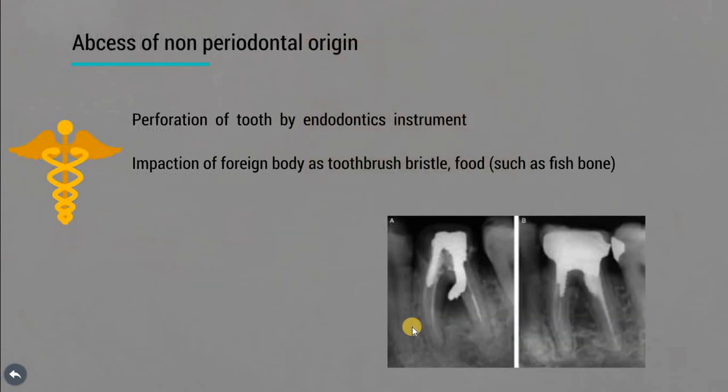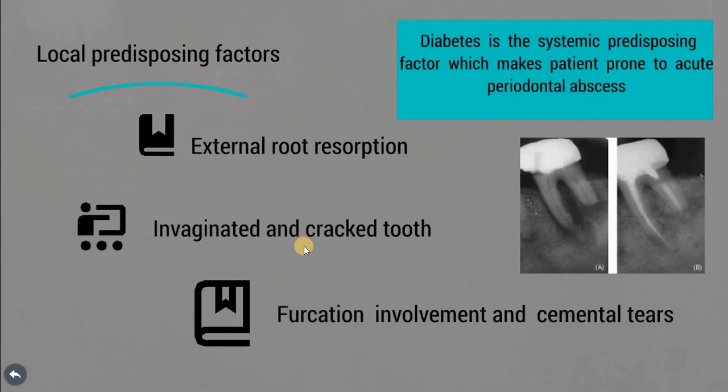While for the non-periodontal origin abscess, for example, you can see here a failed endodontic treatment leading to formation of periodontal abscess unless it is treated. So, for example, impaction of toothbrush bristles, foods like fish bones, or any hard traumatic agents may cause formation of periodontal abscess of non-periodontal origin.